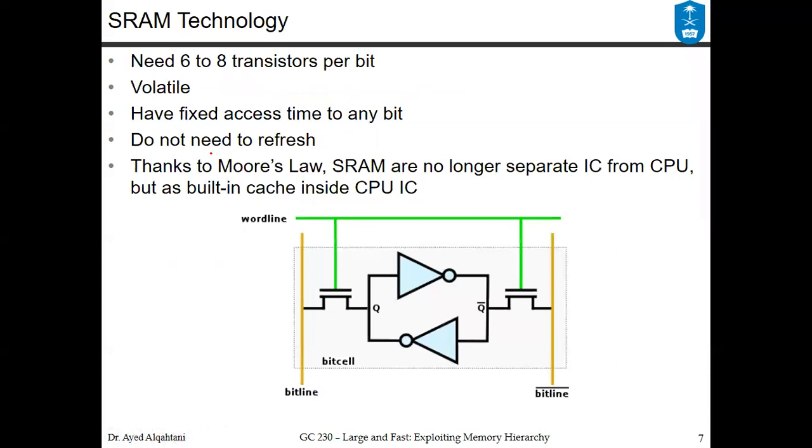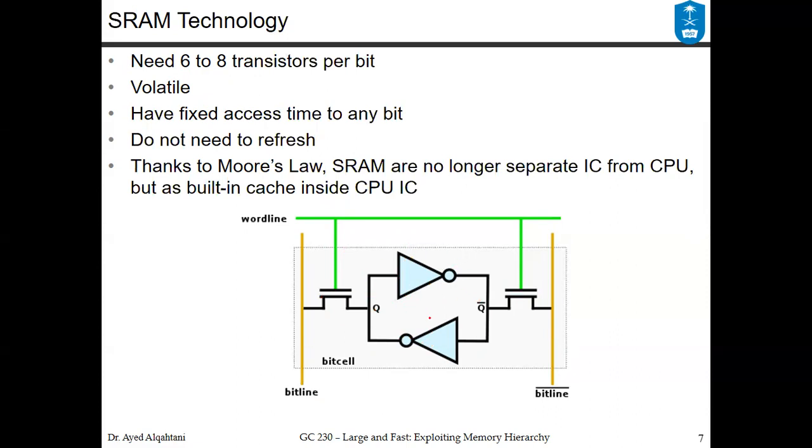Now we will talk about the SRAM and DRAM in a little bit of detail. So the SRAM technology, you have actually two inverters back to back, controlled by two switches or NMOSes. They are usually developed using CMOS technology. The purpose of those switches is to choose the cell.